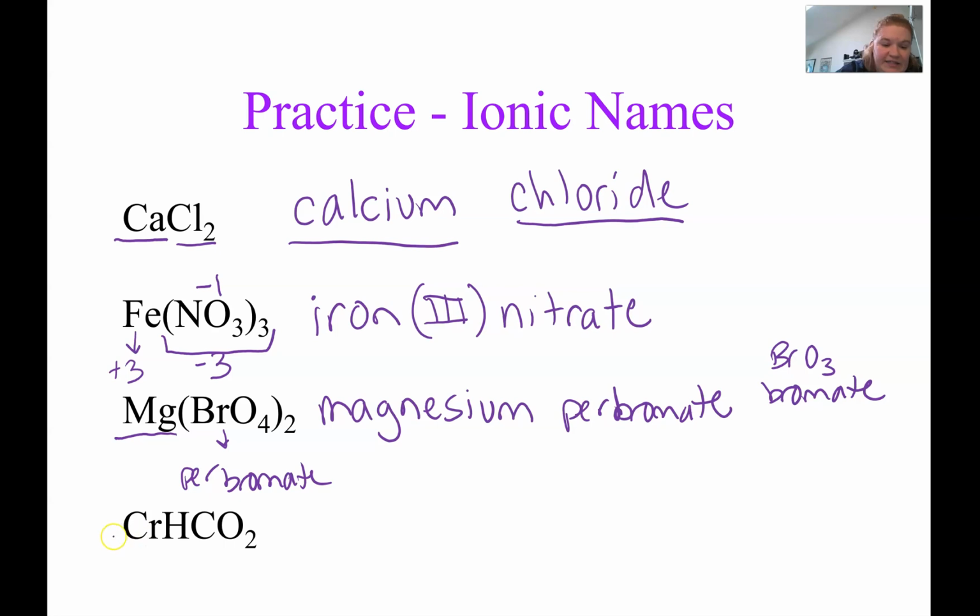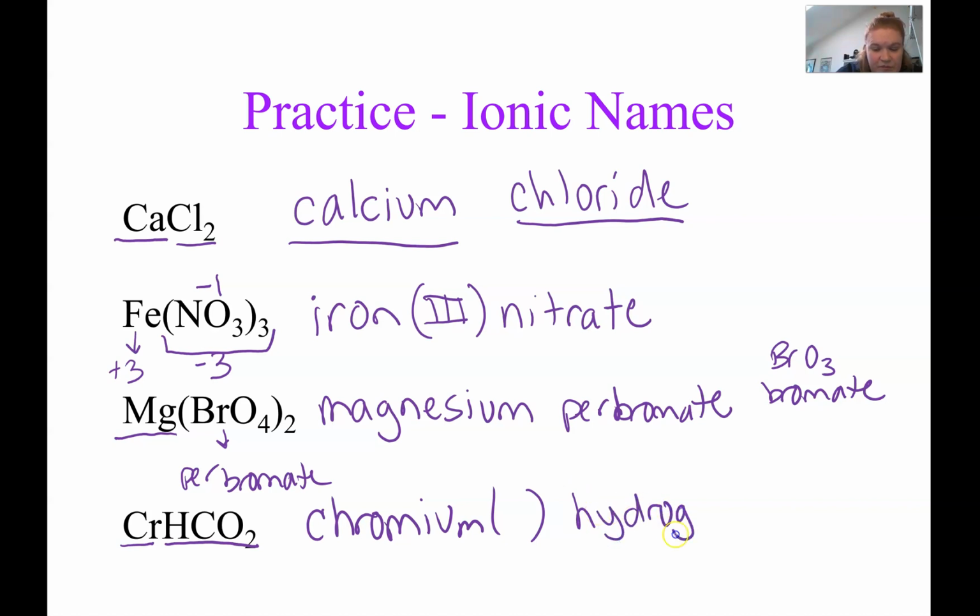And then our last example, we have a type 2 metal. So I'm going to write its name, chromium. I'm going to leave a little blank there to put in its charge. And then we have HCO2. So this is our polyatomic with a hydrogen. So I know I'm going to put the word hydrogen. And then I need the name of that polyatomic, CO2.